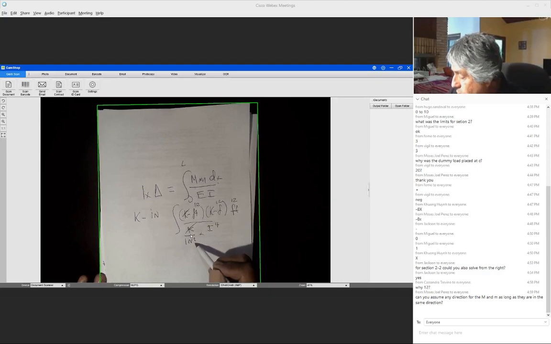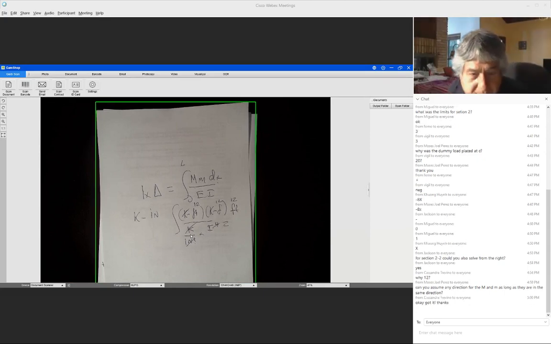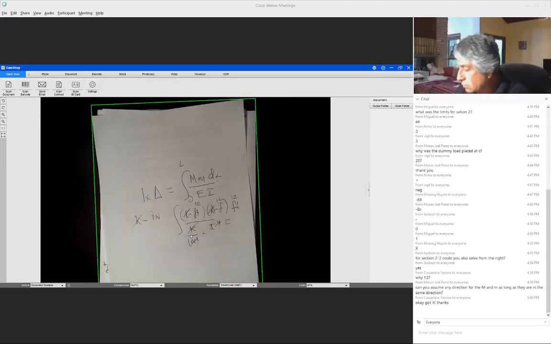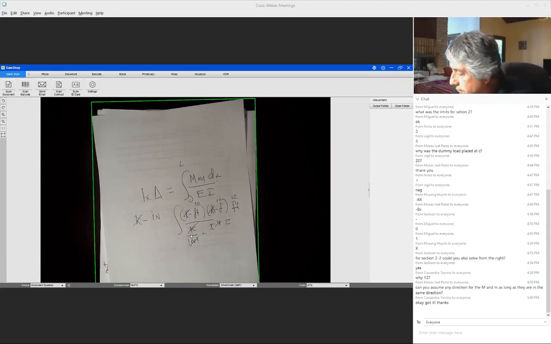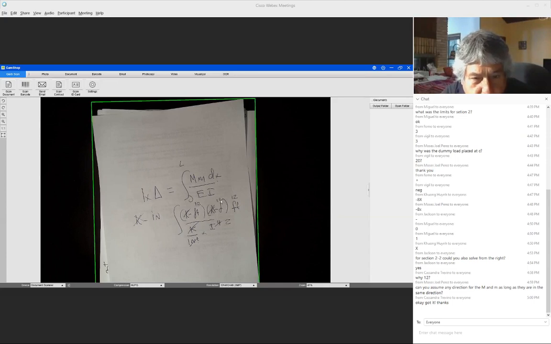The inch to the 4 over inch squared becomes inch squared. So I had another kip with this kip, it goes. We had inch squared, so this becomes inch, and the answer is in inches.